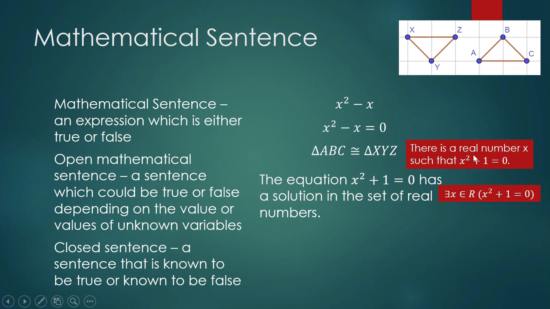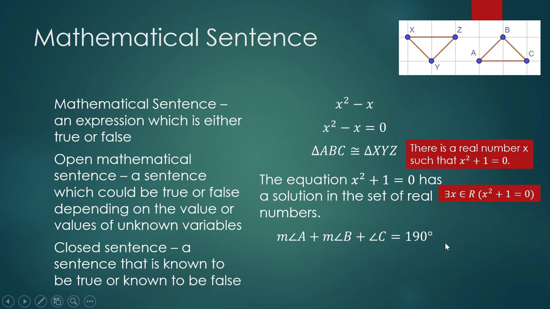That contains many characters, but those characters are equivalent to these 4 math characters. There is a real number x such that x squared plus 1 is equal to 0. This one truly embodies the characteristics of the math language that we spoke about in our previous video.